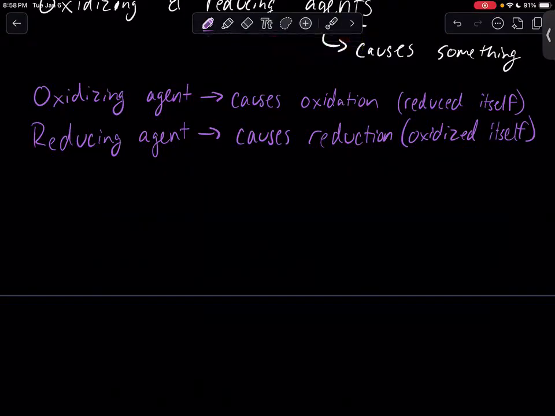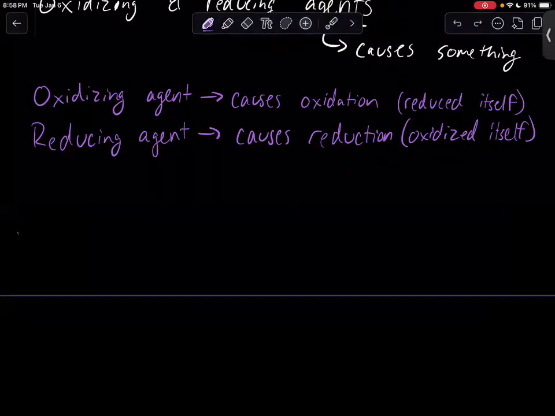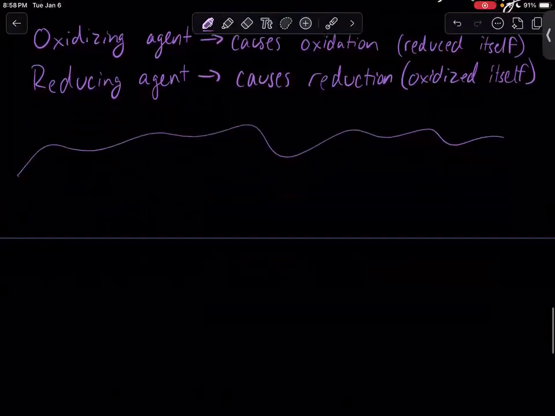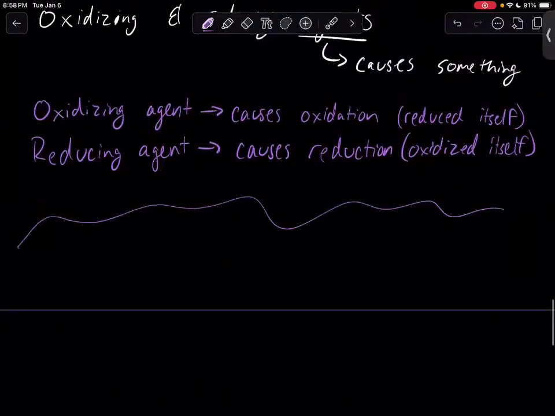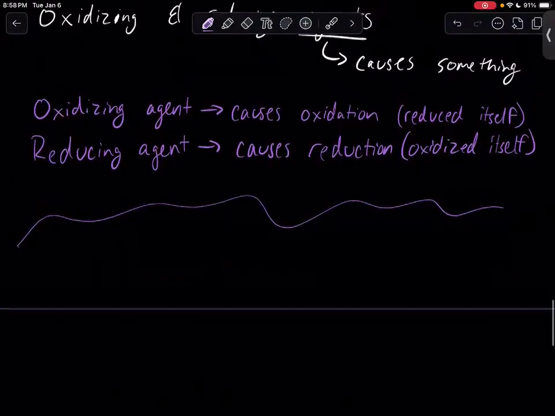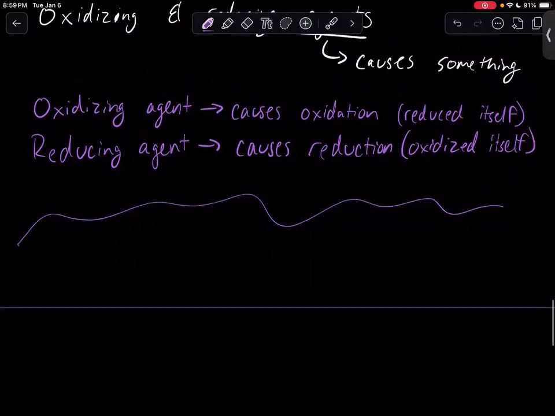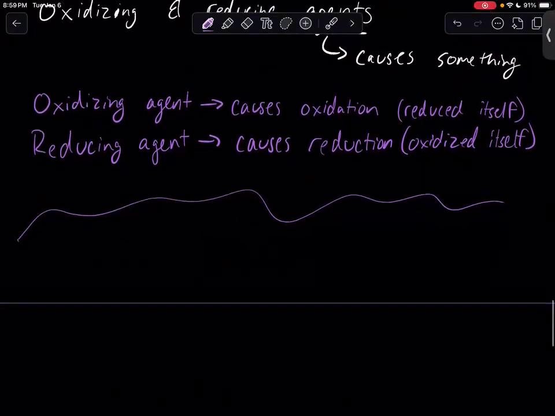So these are just terms that we need to be fluid with, and we need to be able to use them to refer to many different species within a reaction. If the terminology is confusing, I strongly suggest you try some practice problems, work through it, and continue to use oxidizing agent, reducing agent, oxidation, and reduction all simultaneously as you go through redox problems.